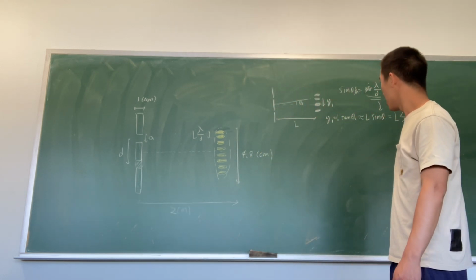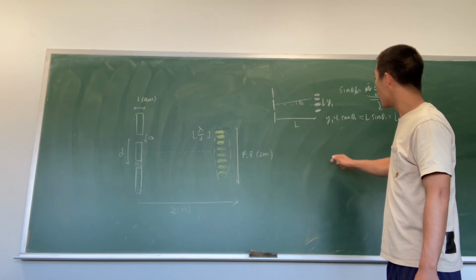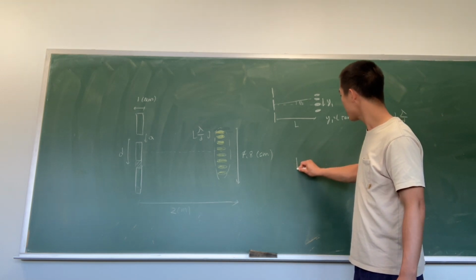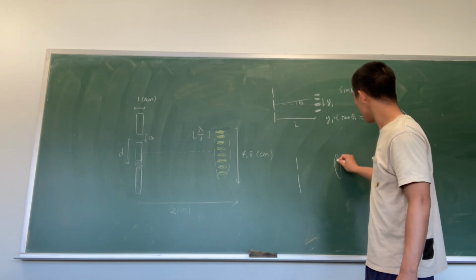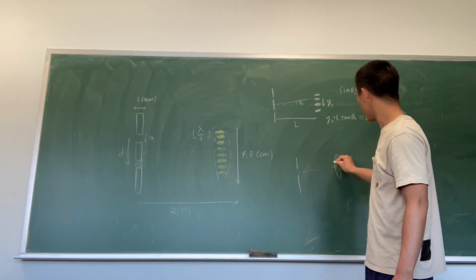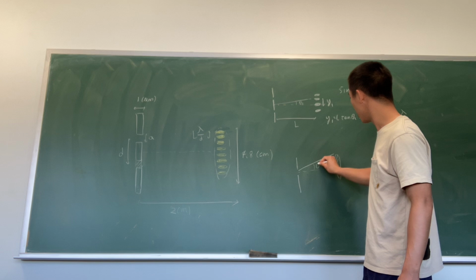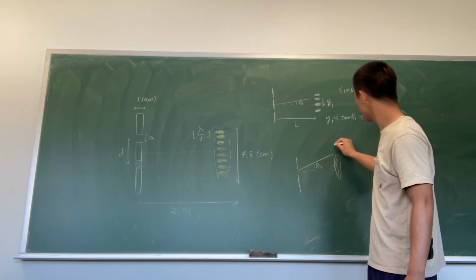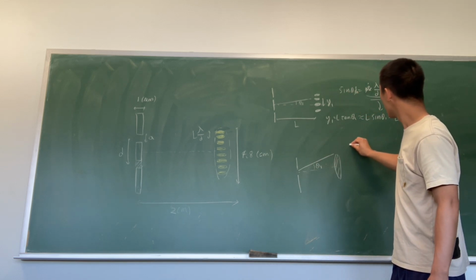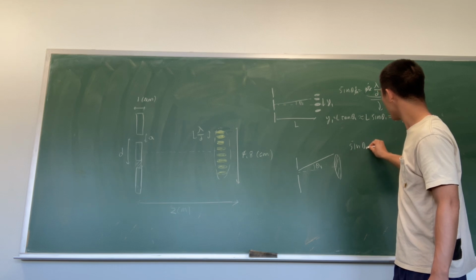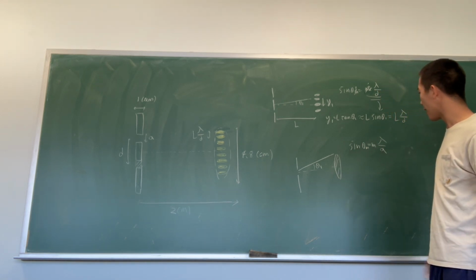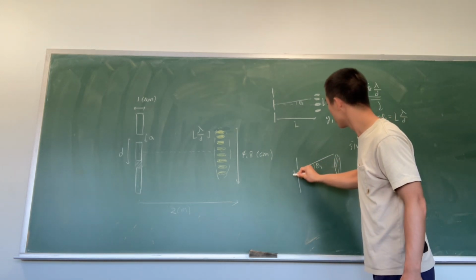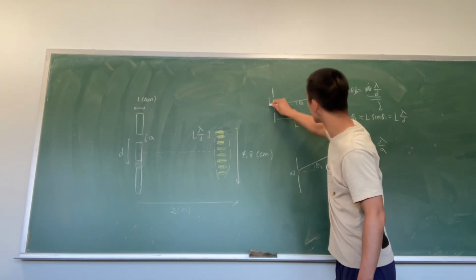Now, we can do a similar thing for the single slit. In that case, the size of the center bright spot will correspond to the angle of the first dark fringe, which follows this formula, with A as the gap, the width of a single slit.